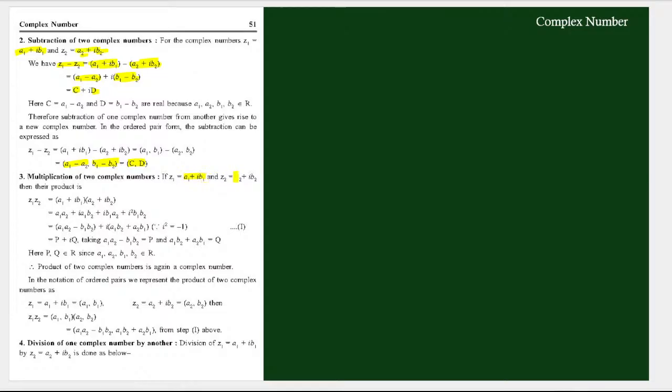A1 plus IB1, A2 plus IB2, Z1 into Z2. A1 plus IB1 into A2 plus IB2. So पहले A1 से सबको multiply करना होगा, right? A1 into A2 plus I A1 into B2. Clear? Similarly, IB1 से दोनों को multiply करेंगे.